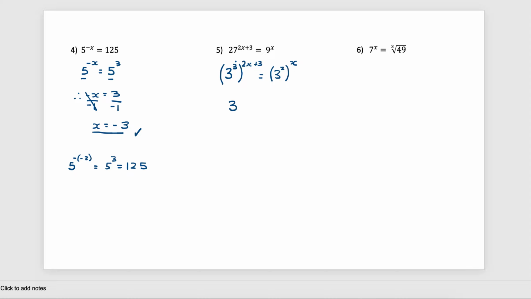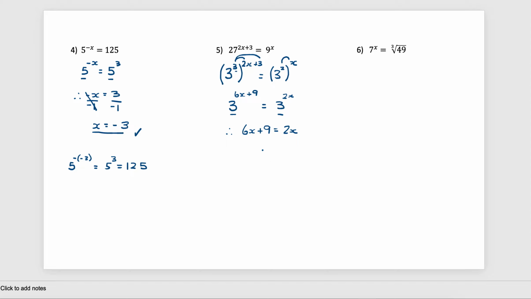So I'm going to expand the bracket here. 3 times 2x will give me 6x, and 3 times 3 is 9. Make sure you multiply both terms by the 3 in here. And then it is equal to 3 to the power of 2 times x, 2x. Now that both bases are the same, I can conclude that 6x plus 9 is equal to 2x.